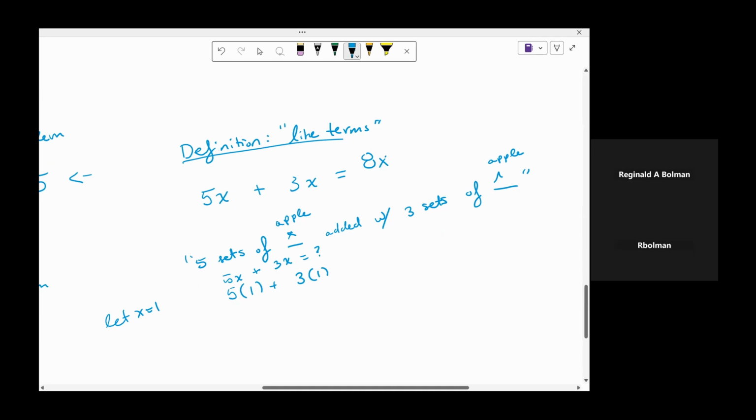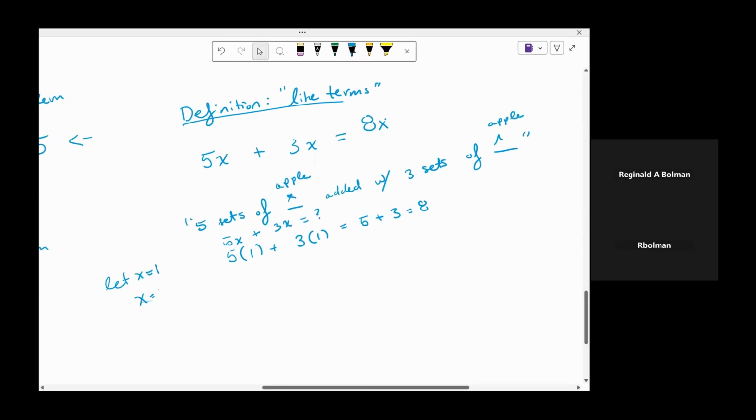In order to help determine what's going on with this 5x plus 3x, we could start defining what x has to be and then see if there might emerge a pattern in the numbers. So if I let x be 1, suppose x was 1. What happens? Well, we have 5 times 1, which gives me 5, added with 3 times 1, which is 3. 5 plus 3 gives me 8.